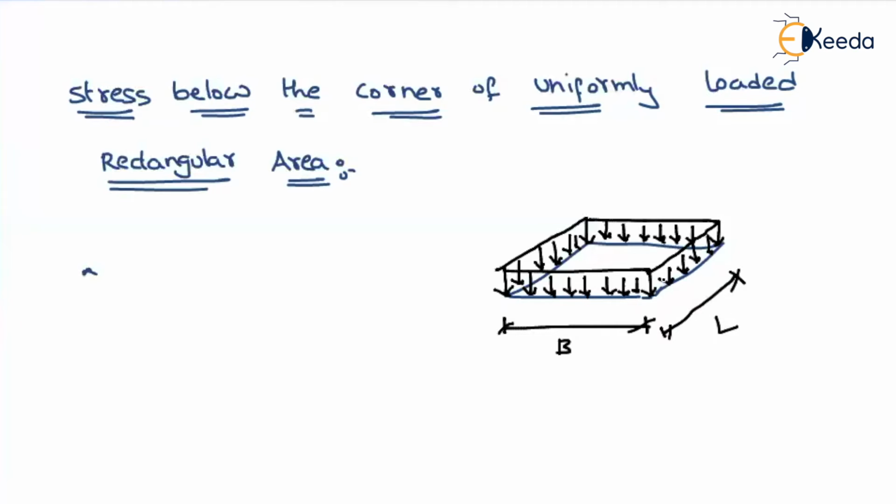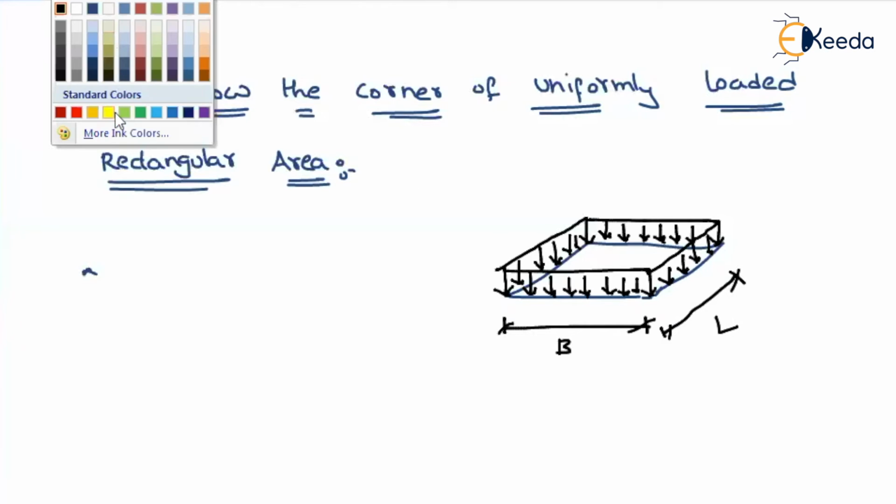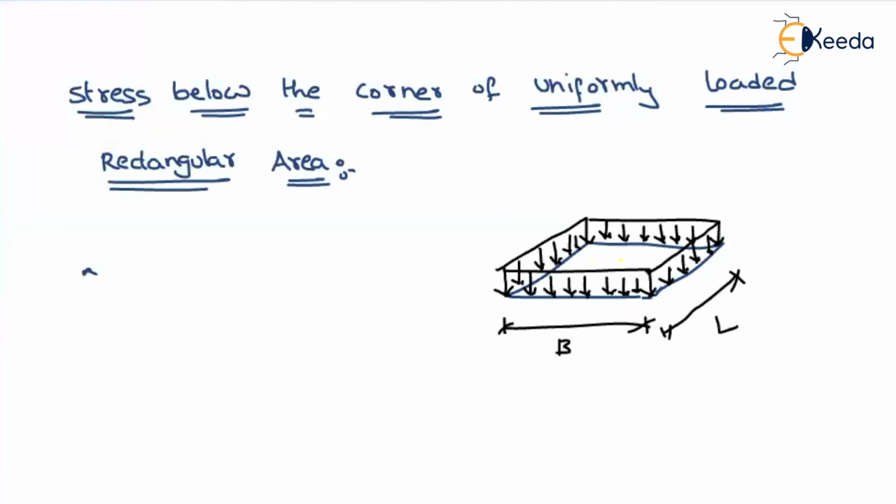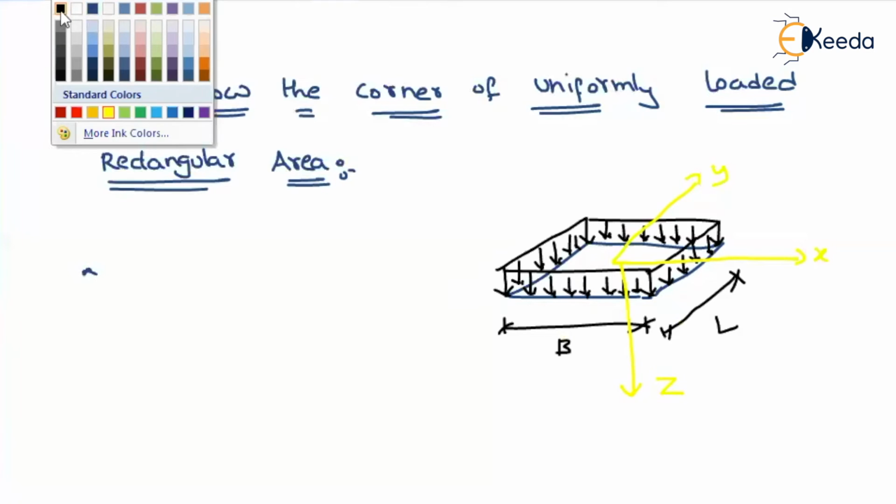Okay. And let me represent the coordinate system here with a different color, so that we can understand: x, y, and in the downward direction, z. So we have a uniformly loaded rectangular area having dimensions b and l, and we have to talk about the intensity of the loaded area.